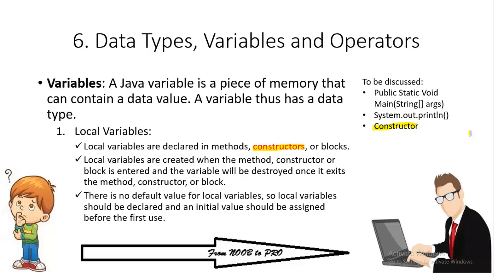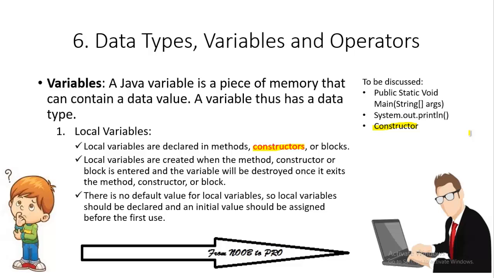So these variables are local to the block or method, which means these variables are created when the code enters that particular block or method, and the variable is destroyed when the code exits the block. So if outside this block or method we try to access these variables, we won't be able to.